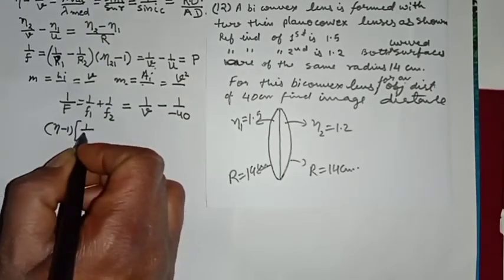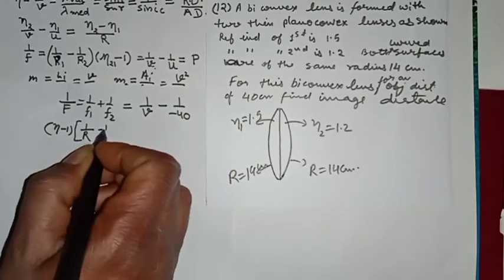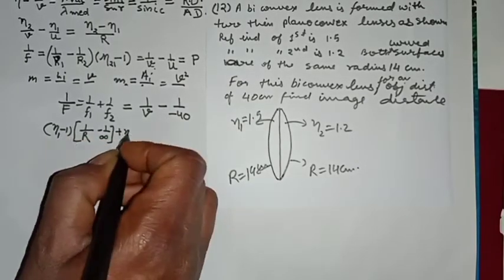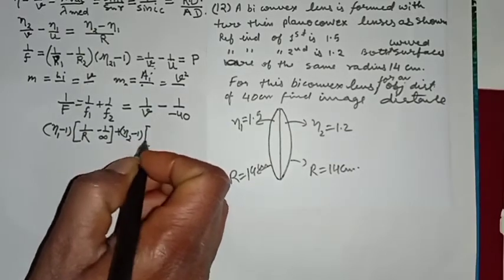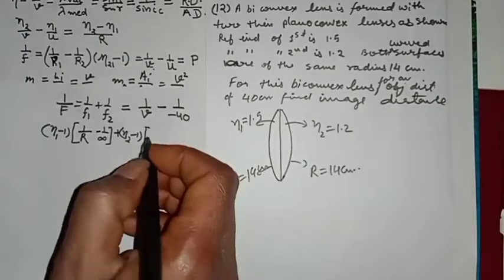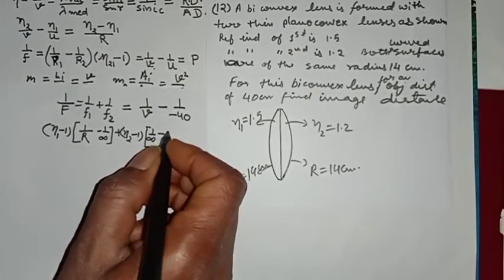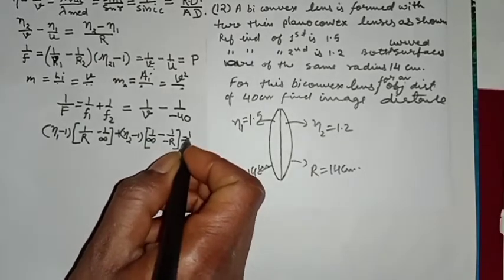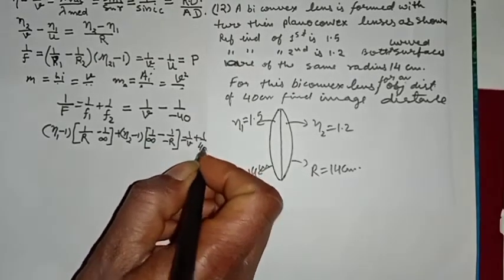So for the first plano-convex lens, (eta 1 minus 1)(1 upon r minus 1 upon infinity). And for the other, if we take the first surface as infinity because it is plane, then the other surface will be minus r.